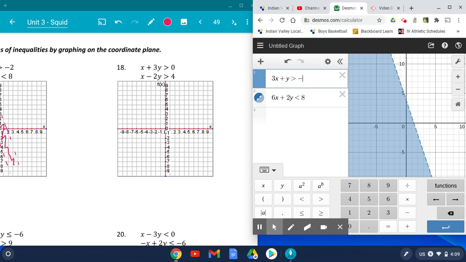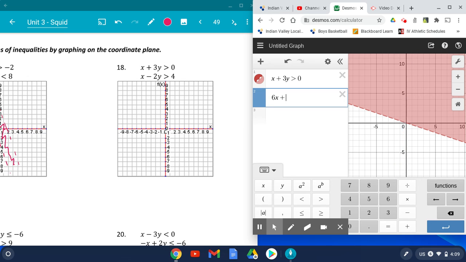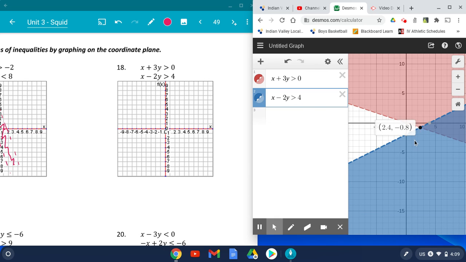18 is x plus 3y is greater than 0. And x minus 2y is greater than 4. Yeah, look at that crazy spot where they cross.